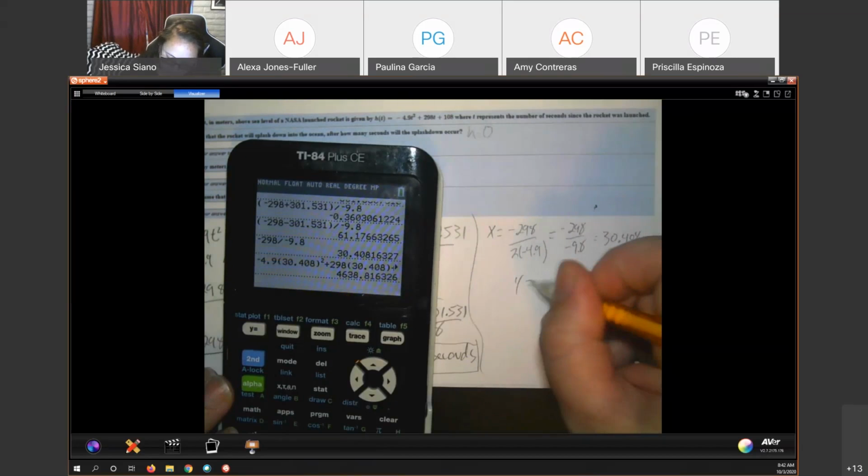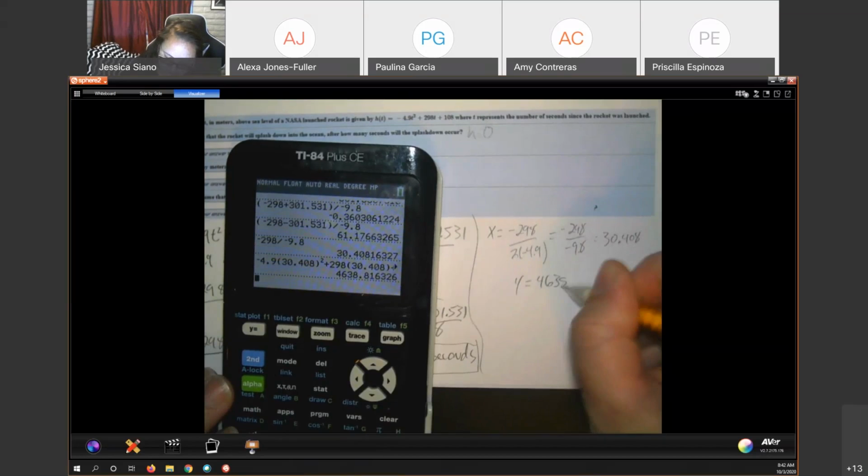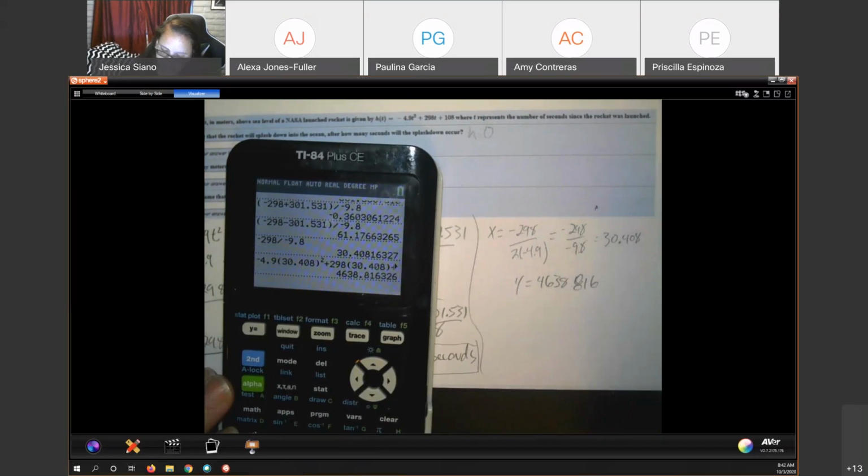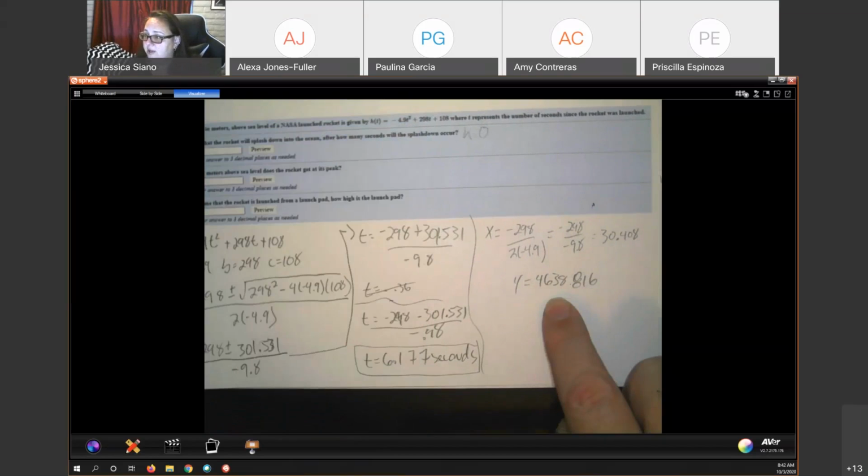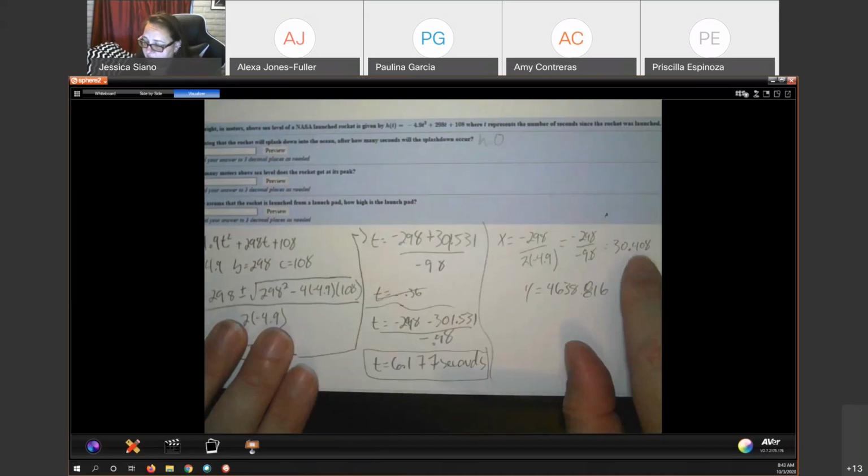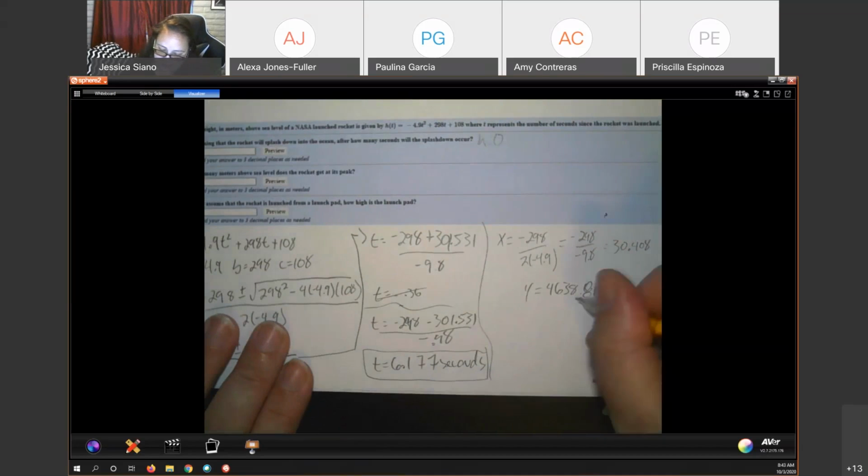So then my y value here would be 4638.816. That would be its maximum height. So this is the time at which it reaches its maximum height, and this is its maximum height.